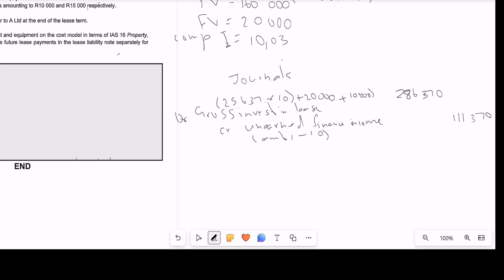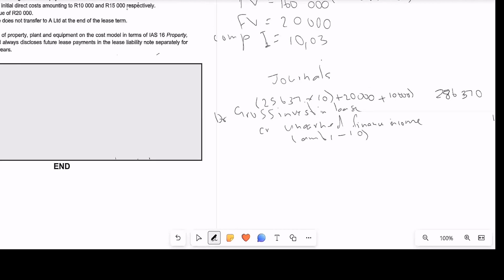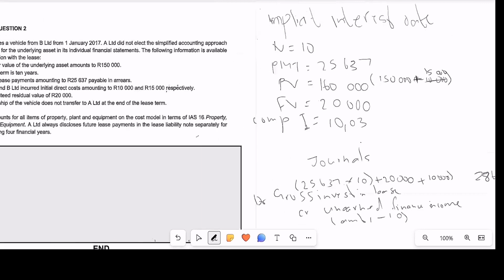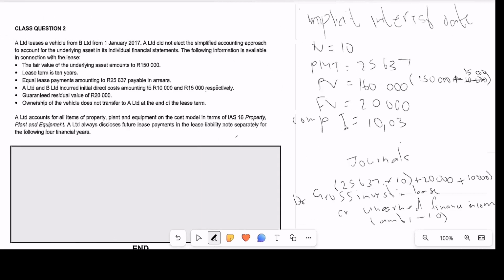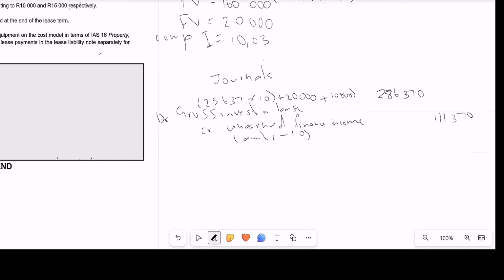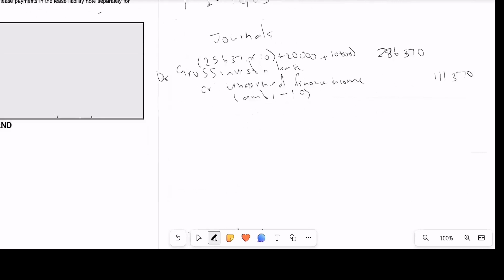Then, in this question, since I'm just showing you guys different perspectives, they didn't give us the carrying amount, because this question was only from the lessee side, and I'm trying to show you also the lessor side from the same question, so you don't get confused. So the vehicle here, the fair value was 150.